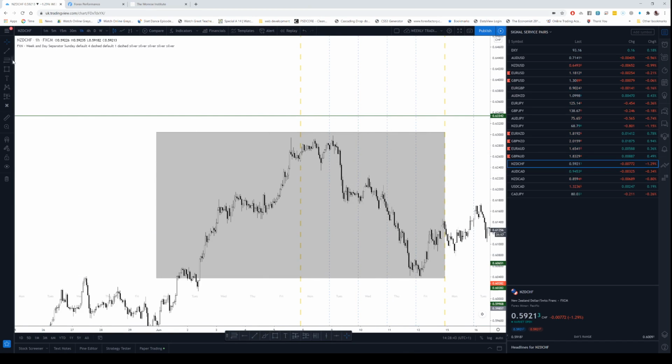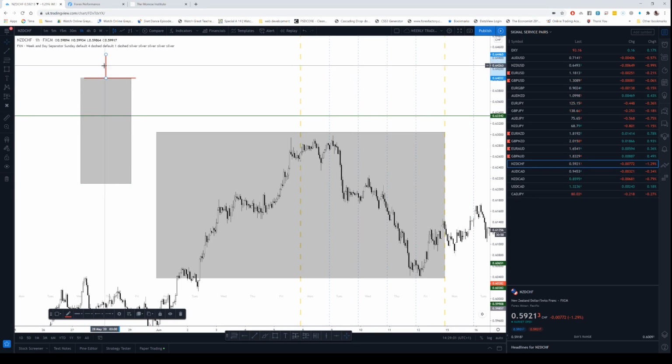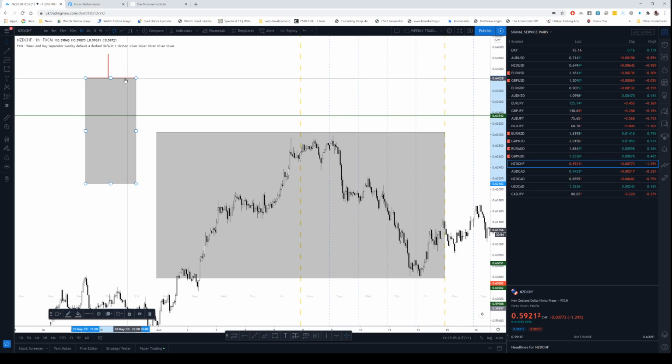So your week will look like a bear candle but with a small wick. Your week will look like this. We open, and then Monday, Tuesday, this will be the week.